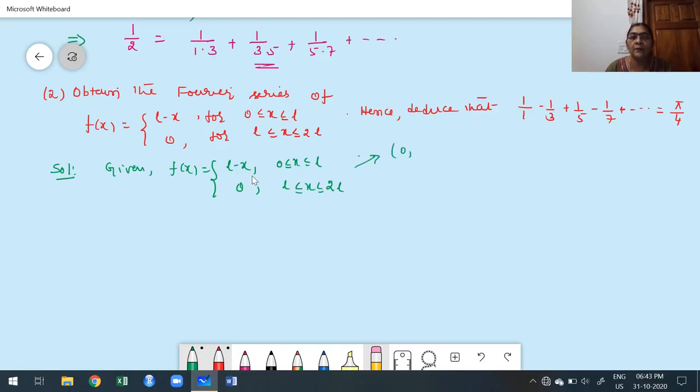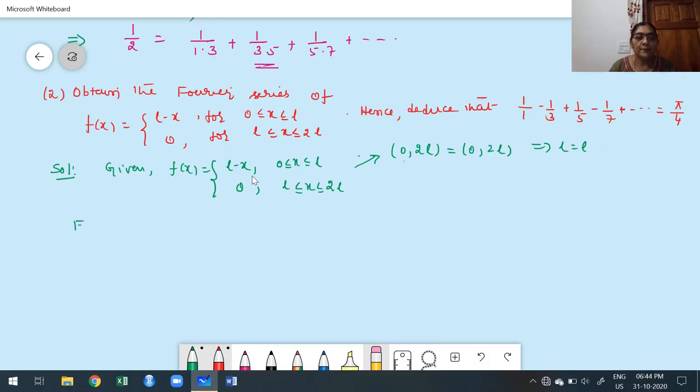The overall interval is 0 to 2L. Whenever it starts from 0, it refers to which case? First case. What's our general interval? Also 2L only. Therefore, now here L is equal to L only, and sin pi x by L is nothing but sin pi x by L only, because the value of L is equal to L. Now I have to construct the Fourier series based on the first case.